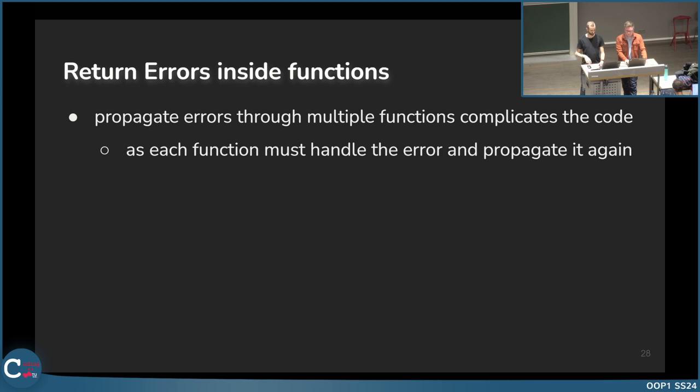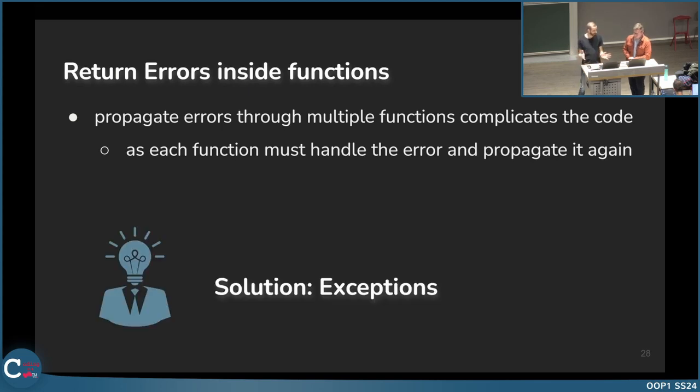And it makes the program long and complicated code, and we have to handle the errors and propagate them again back to the next function. And luckily we have a solution now, because we will introduce you to exceptions.